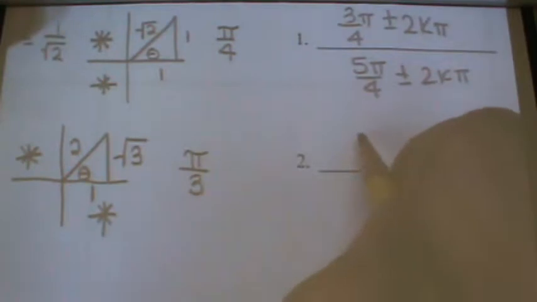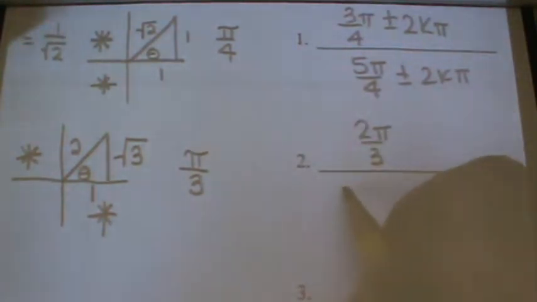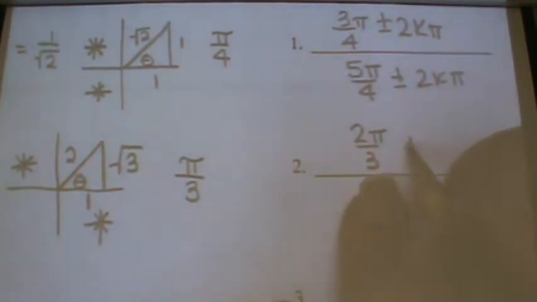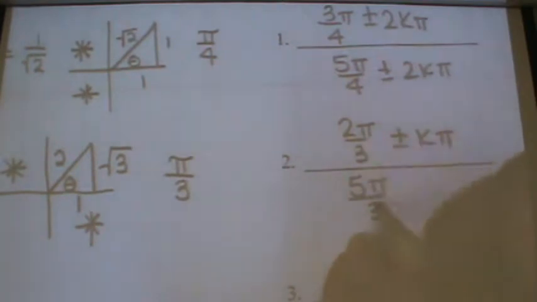What are the 2 angles that are pi over 3 in quadrant 2 and 3? 2 pi over 3, and what's the other one? 5 pi over 3. Now, if you want to just write this one and write plus or minus k pi, that's okay. But if you want to write them both and write plus or minus 2k pi, that's fine. So that's your option.